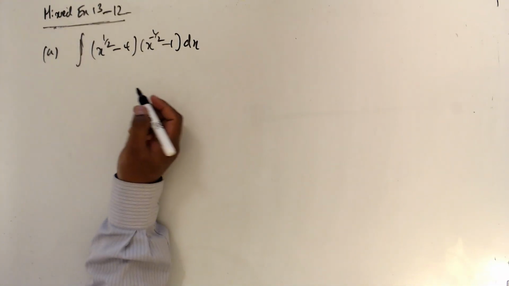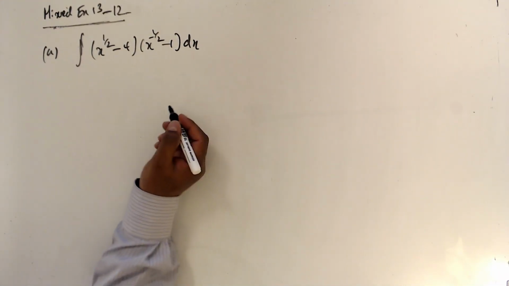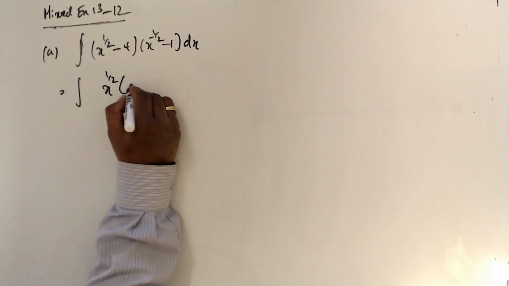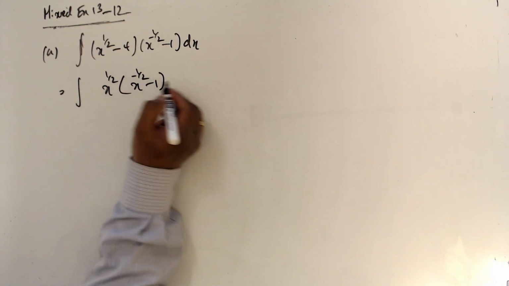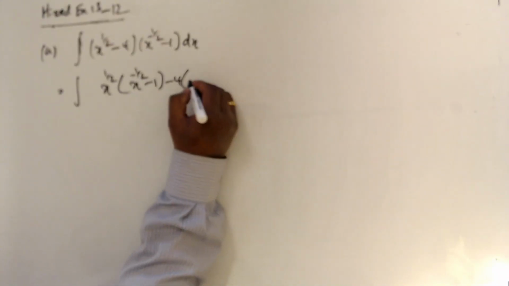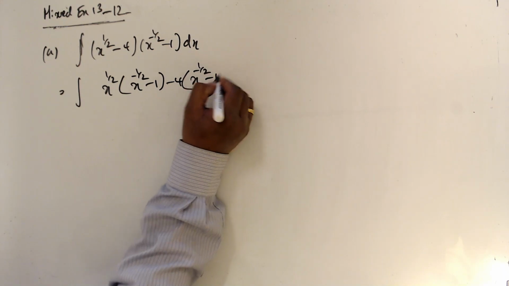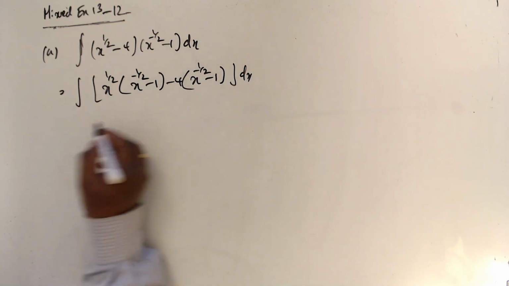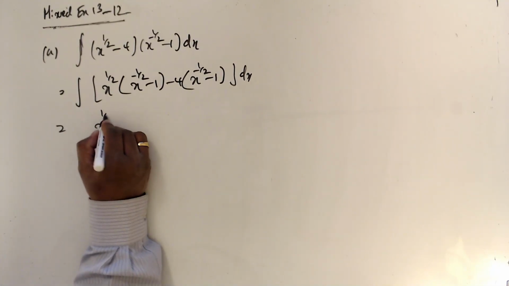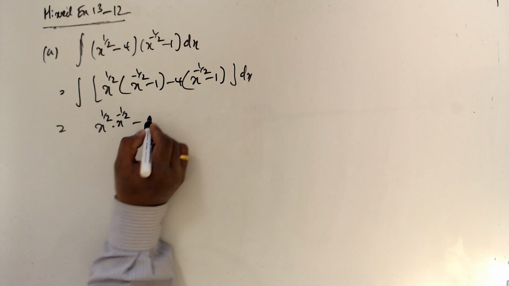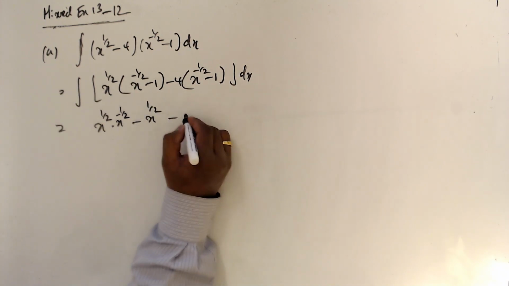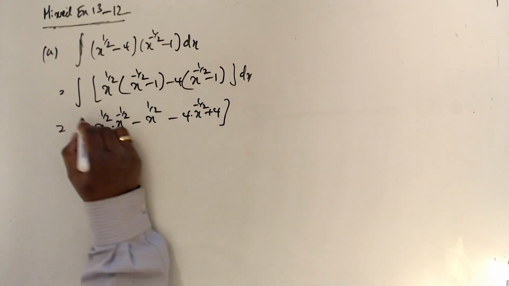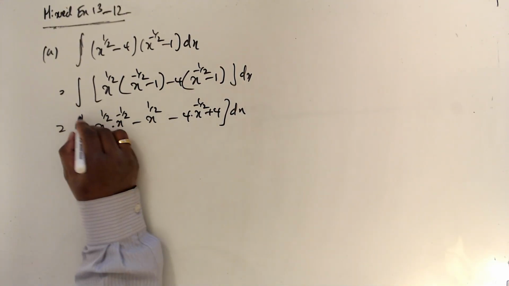Question number 12a. So this is going to be x to the half times x to the minus half minus 1, and minus 4 times x to the minus half minus 1, dx. So this is going to be x to the half times x to the minus half, minus x to the half, minus 4 times x to the minus half plus 4, dx.